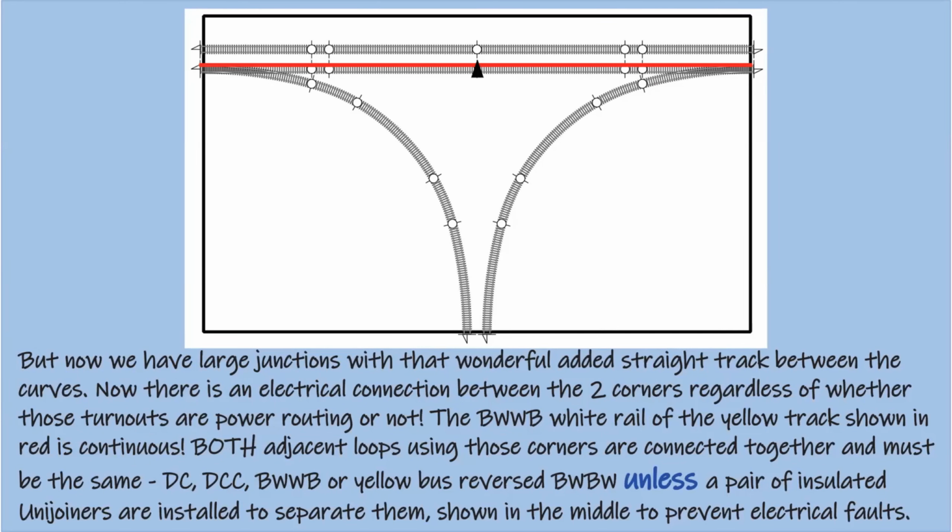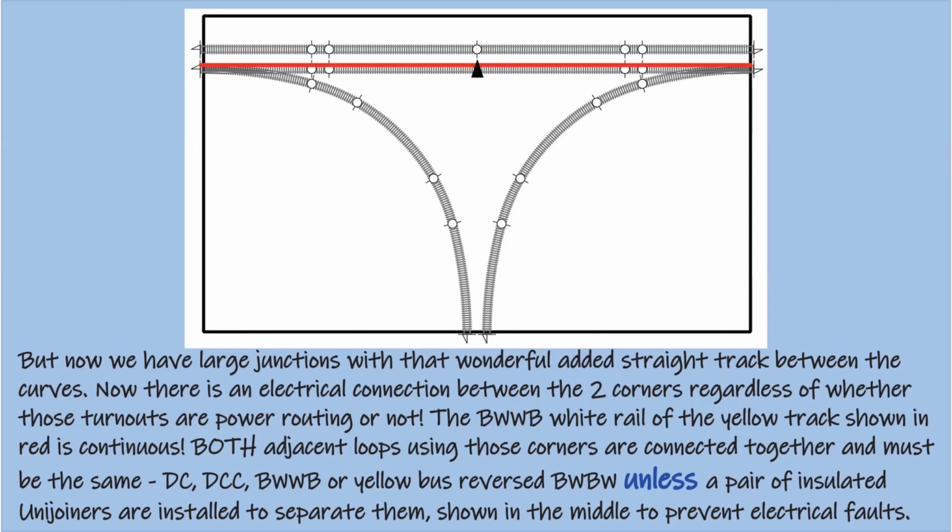But now we have large junctions with that wonderful added straight track between the curves. Now there is an electrical connection between the two corners, regardless of whether those turnouts are power routing or not. The blue, white rail of the yellow track, shown in red, is continuous.